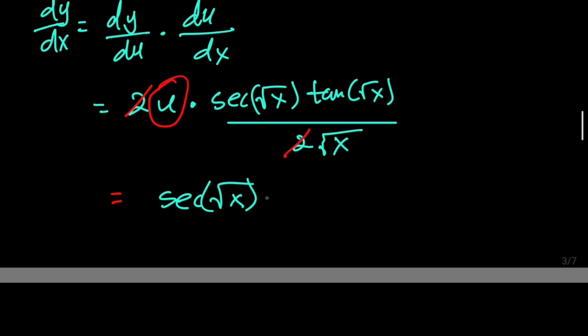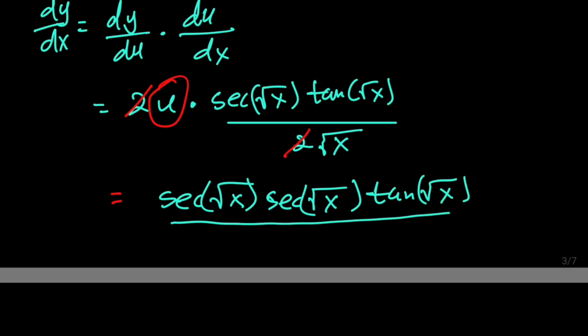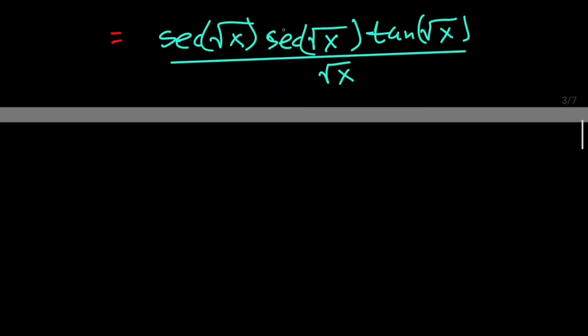Then we also have another one, secant square root of x, multiplying tangent square root of x, all divided by square root of x. Now we can simplify this further, because secant is multiplying secant, so we can have secant squared.